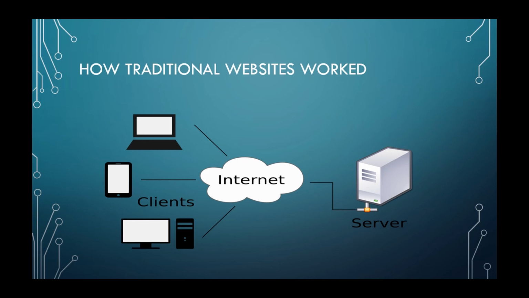The server receives that particular request, and now it's the server's job to give you back a web page. What the server used to do is that it used to render the entire web page, and send it back to the client, which is nothing but a web browser. So the server renders a web page and gives that entire web page back to your browser, and the browser's job was simply to go ahead and display this website to us so that we are able to view that website.